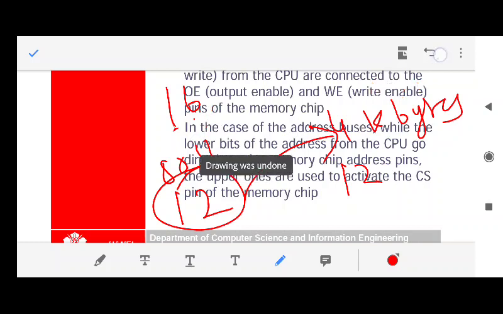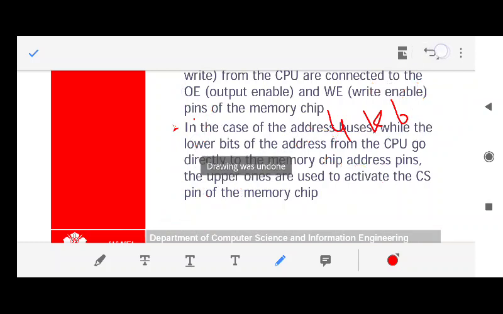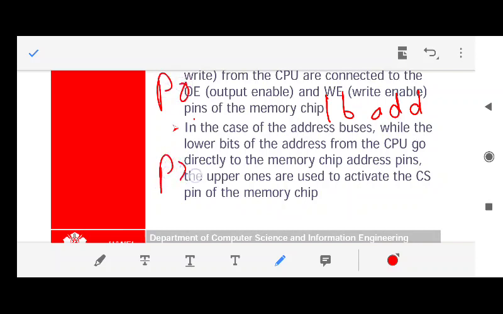Let us take this example more clearly. You have 16 address lines in an 8051. And what are these address lines? These address lines are from P0 and P2, port P0 and port P2. Port P0 has address lines AD0, AD1 till AD7. And port P2 has A8 till A15.